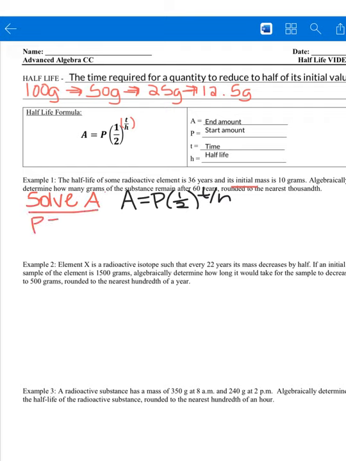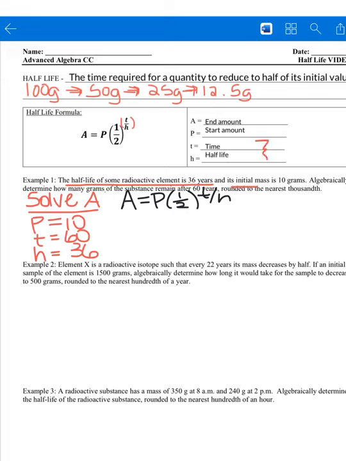So P is 10 grams. That's how much you're starting with. T, the time, and H. So this is where it gets a little confusing because T and H are both a form of time, but H is specifically the half-life. So it says that the half-life is 36 years, and T is 60 years.